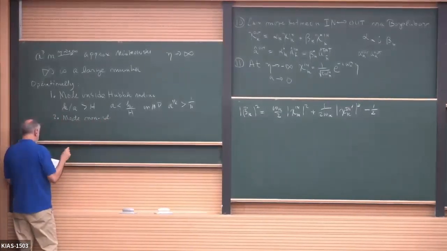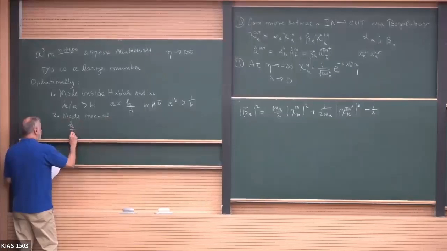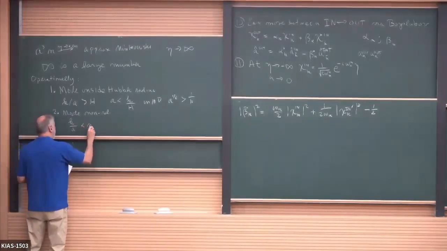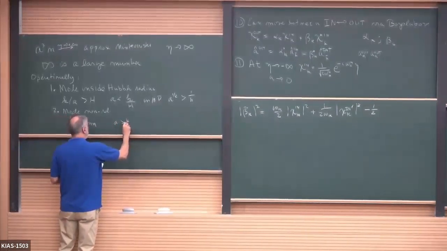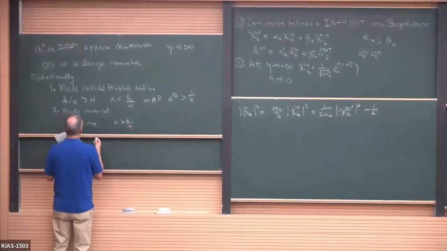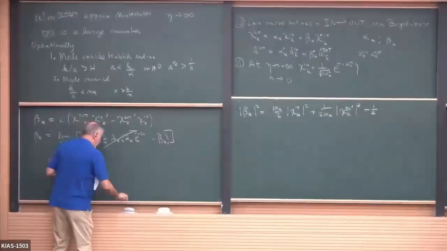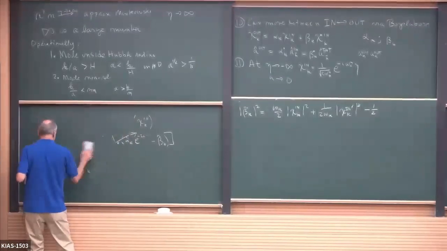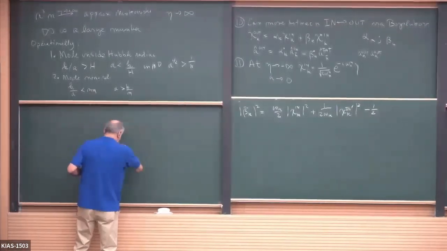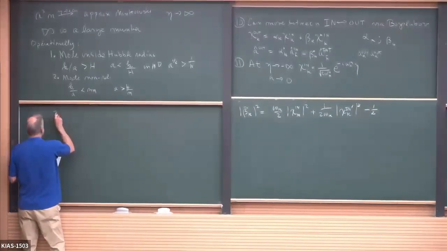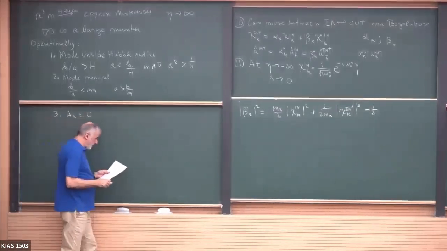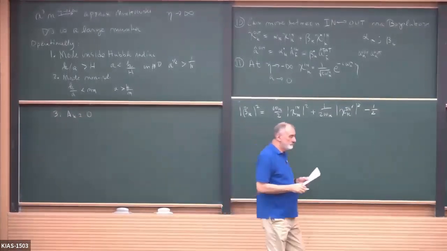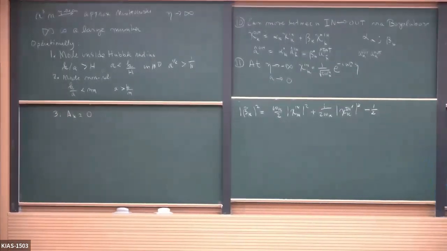And non-relativistic means the momentum of the mode, K over A, is smaller than M. So this will be at the scale factor larger than K over M. And the third requirement is that A sub K is approximately equal to 0. Then it's street legal to talk about a particle.